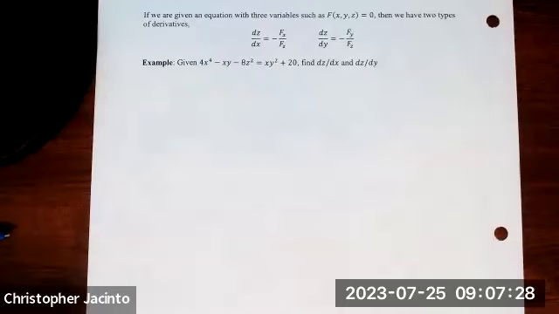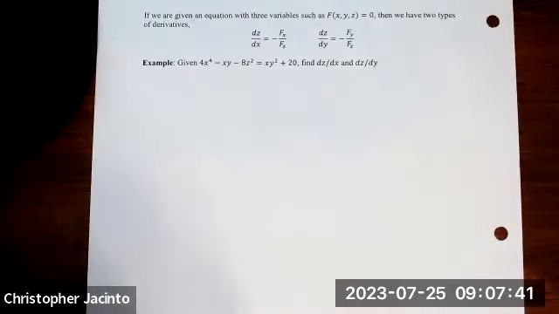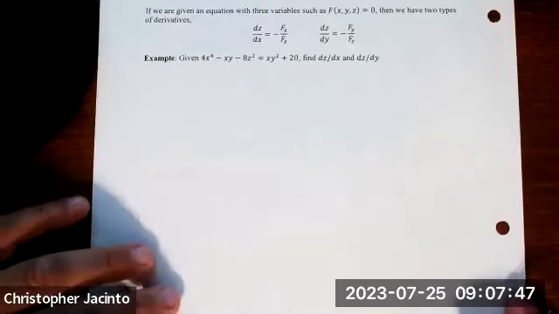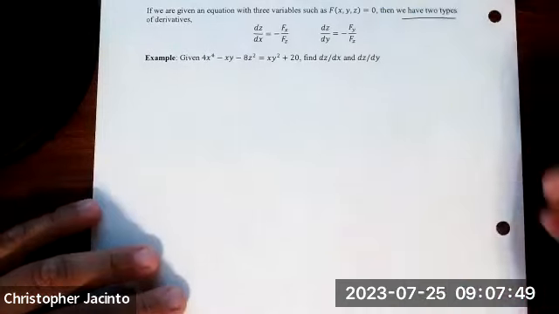Now, this is an interesting topic here because if we're given an equation with 3 variables, so now the implicit differentiation is actually 2 put together. So it's 2 answers put together. So if we have f with respect to x, y, and z, our derivative is actually 2 types.